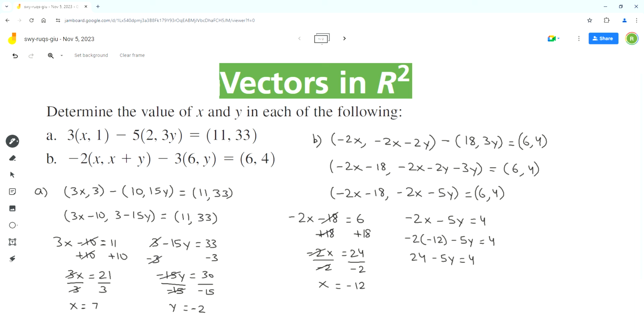Now we have to isolate y, so we should subtract 24 from both sides. And now we can divide both sides by negative 5. So this should be the final answer for value of y for the second equation.